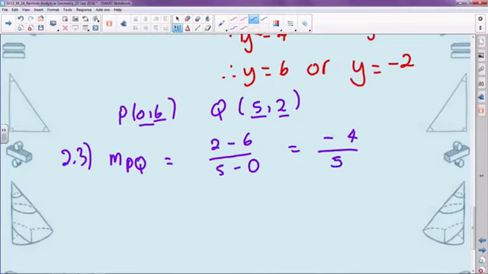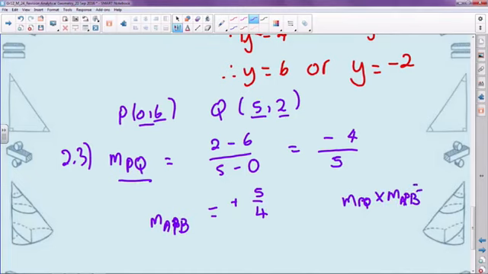All right, once I've got the gradient of PQ, and guys, I'm going to quickly go through this because we are running out of time. The gradient of line APB is going to be the negative inverse of the gradient of line PQ, because we know the product of those gradients is -1.